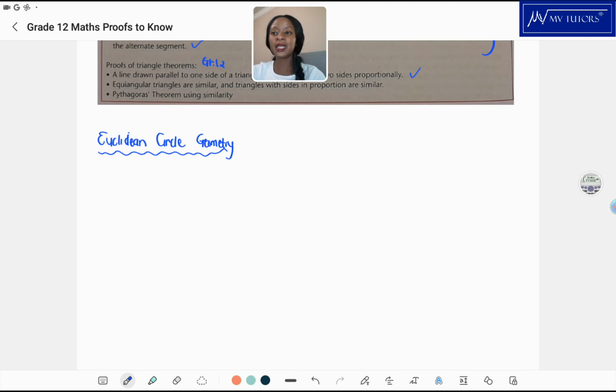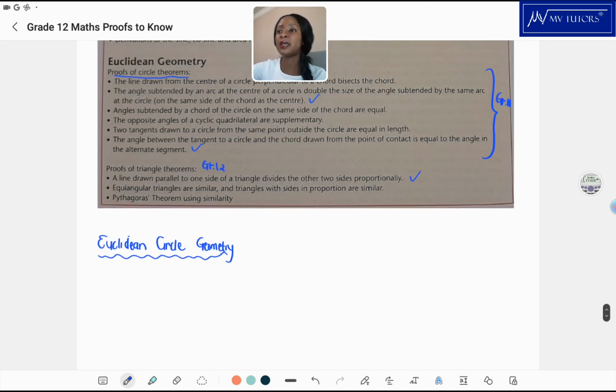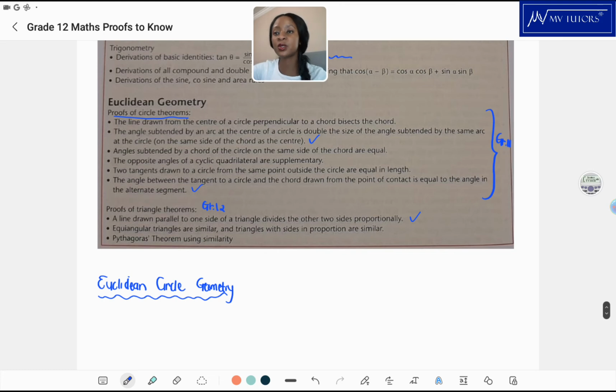And as I'm going through the grade 11 textbook, there are actually somewhere it's written that it's not examinable. So I will tell you which one. For example, number 1, the line drawn from the center of a circle perpendicular to a chord bisects the chord. That's just something that you should know. You don't have to prove it. That's not a requirement. But the one that I've ticked, we have to know.